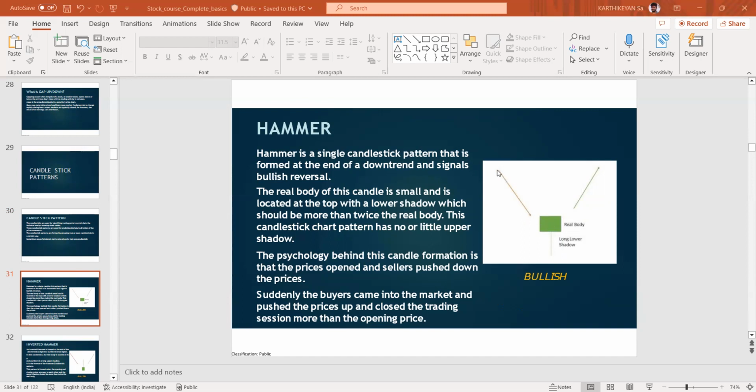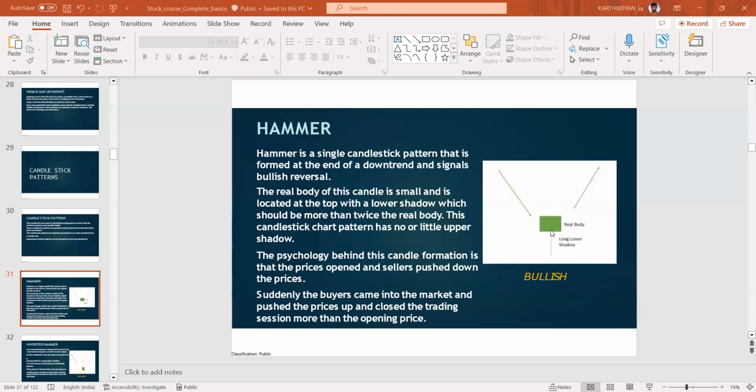Let's say prices keep on falling and reach a support. What happens? The price goes down, and from there buyers start pushing the price. It is so powerful that the price moves back above the opening price. So let's say it opened here and is about to close here.